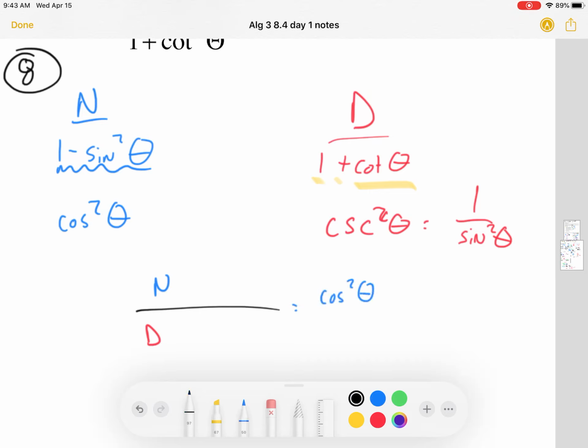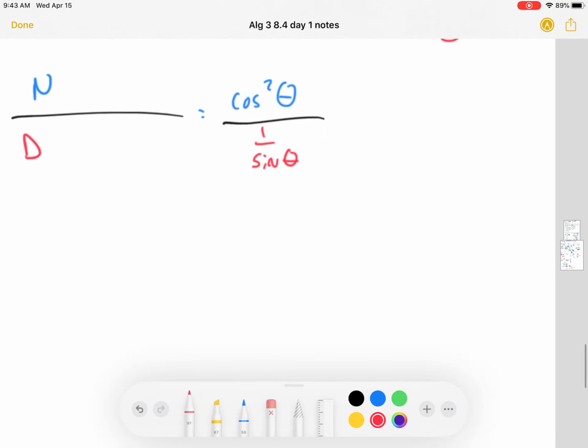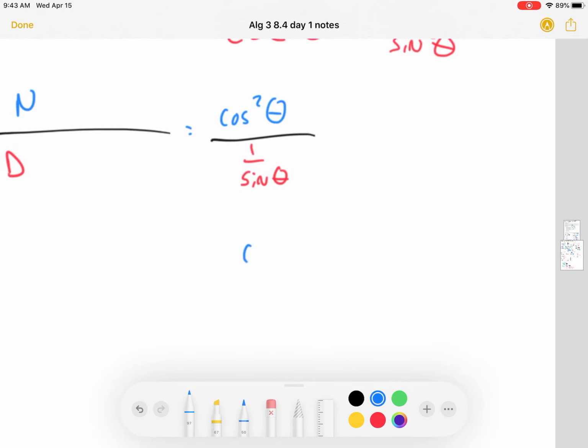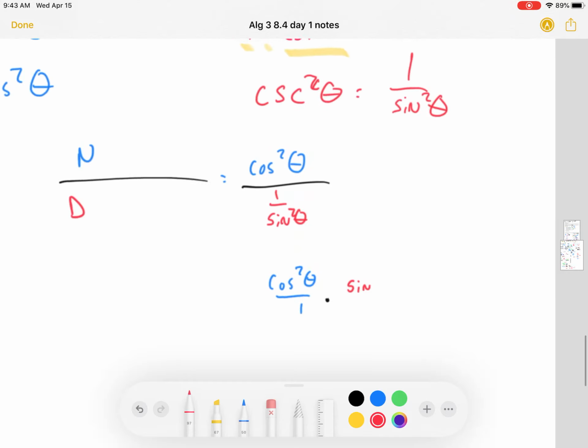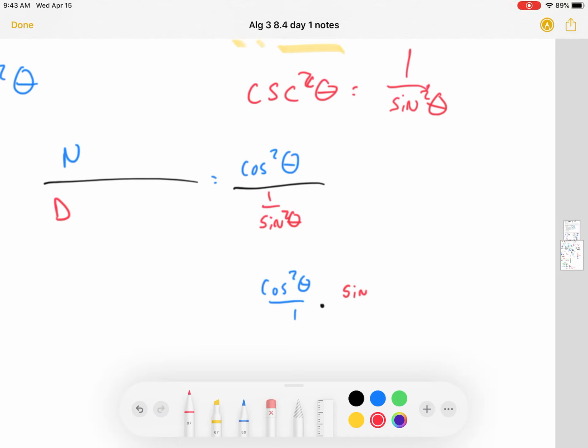Okay, so now if I put my numerator over my denominator, what do I get? I would end up getting cosine squared theta over 1 over sine squared theta. I'm hoping by now you can flip this in your head somewhat. So I would get cosine squared theta over 1 times, flip this bottom fraction, sine squared theta.